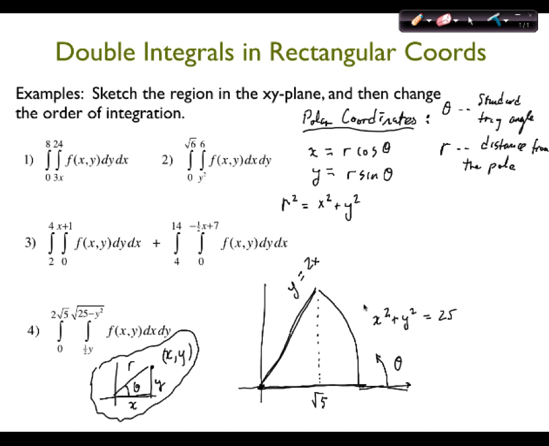So we can do this double integral in polar coordinates, and this is just a preview. We're not going to actually write this one. We have a double integral of f of x y, and then we'd have to change that function into polar coordinates, meaning get f in terms of r and theta. We can use these relationships to do that. Everywhere there's an x, you put in r cosine theta, and everywhere there's a y, you put in r sine theta.